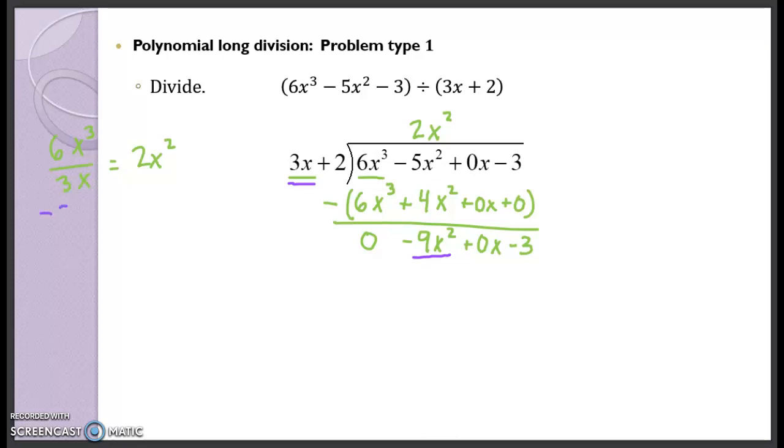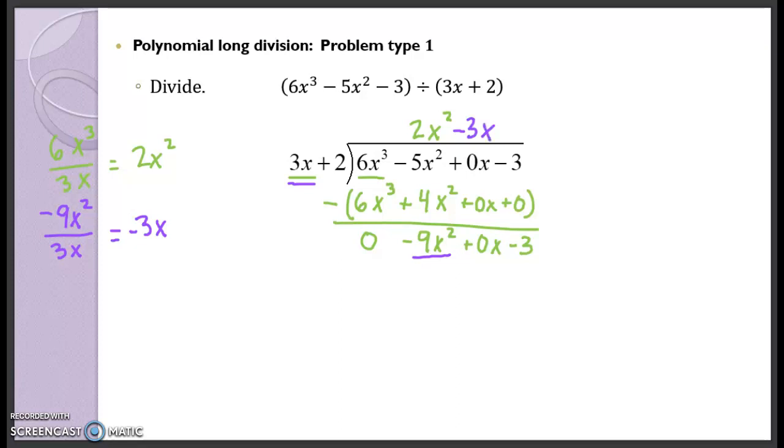So that's the same thing as saying negative 9x squared divided by 3x. That's equal to negative 3x. So I'm going to subtract 3x.